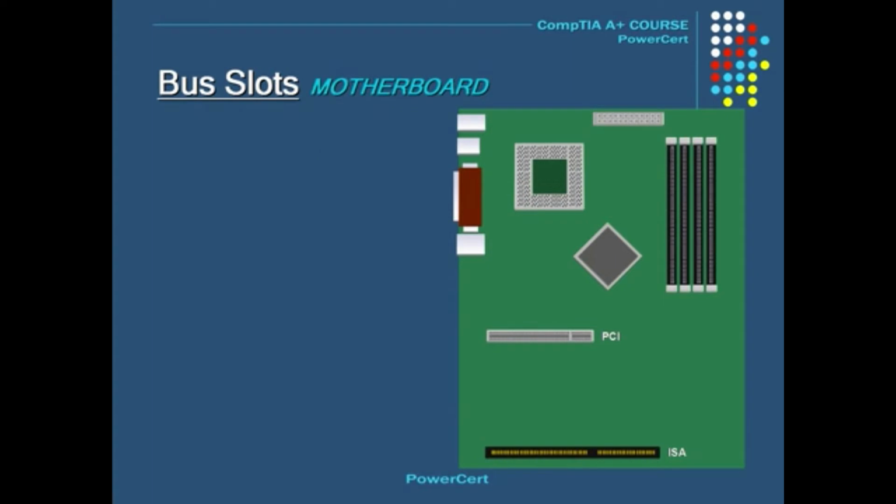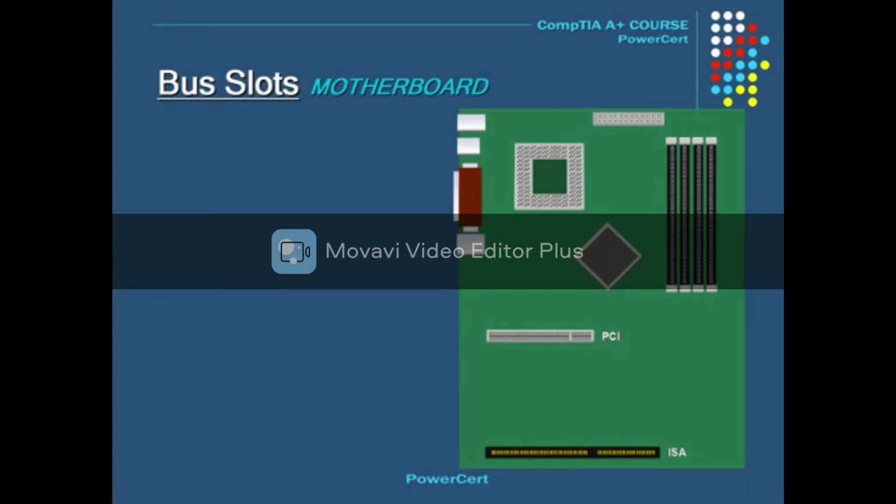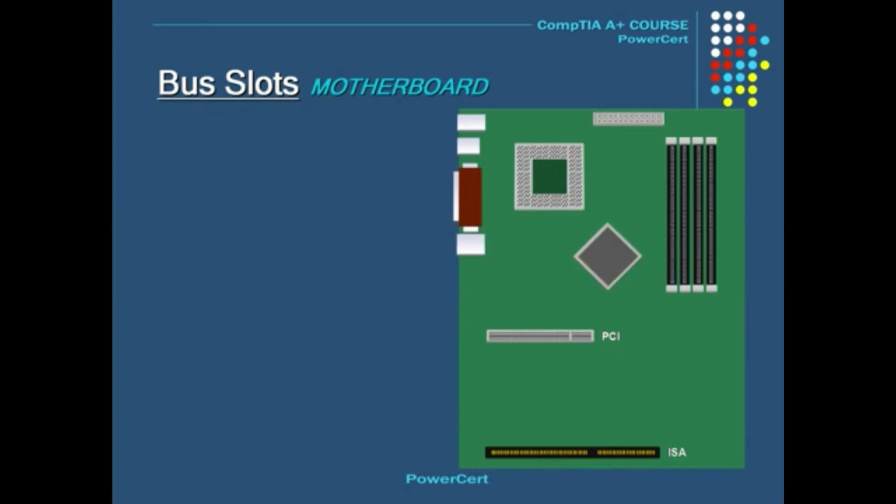As computers got faster, a lot of people were using their computers for higher-end graphics applications such as gaming. And as computers became more graphically oriented, the PCI slot was lagging behind in delivering computer graphics data. For this purpose, the AGP slot was developed.